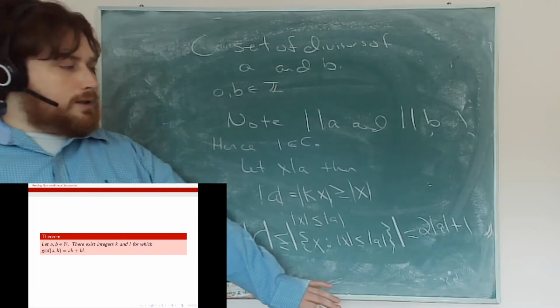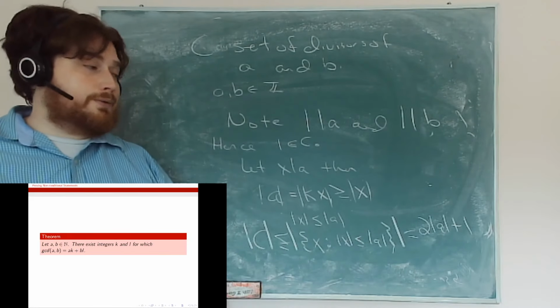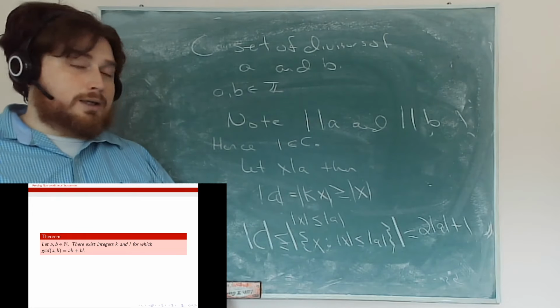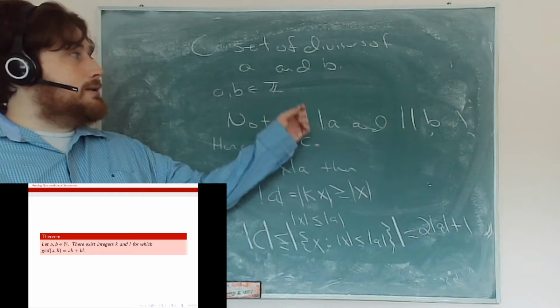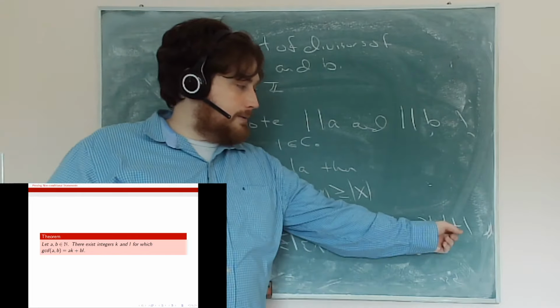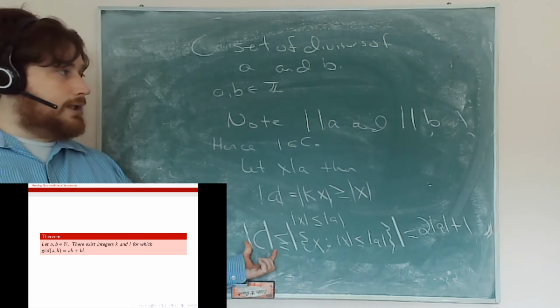If A is 1 million, I can only have 2 million plus 1 divisors. Or if A is 1 billion, I can only have 2 billion plus 1 divisors. Since A is a finite number, 2 times a finite number plus 1 is just going to be finite. So therefore, C has to be finite.